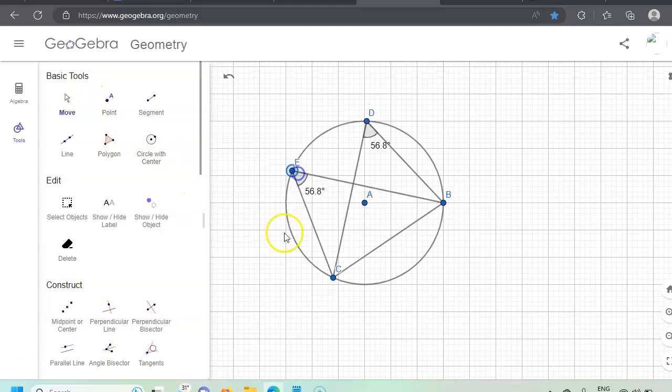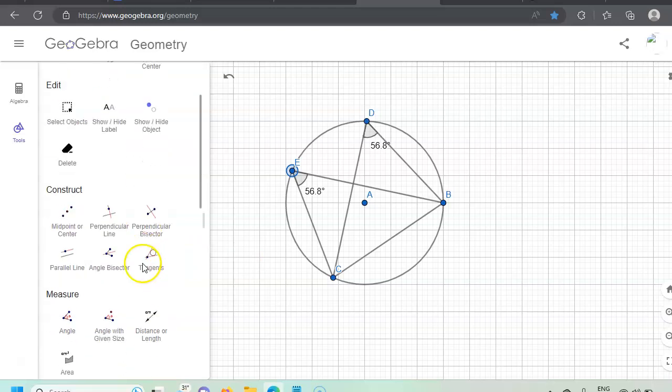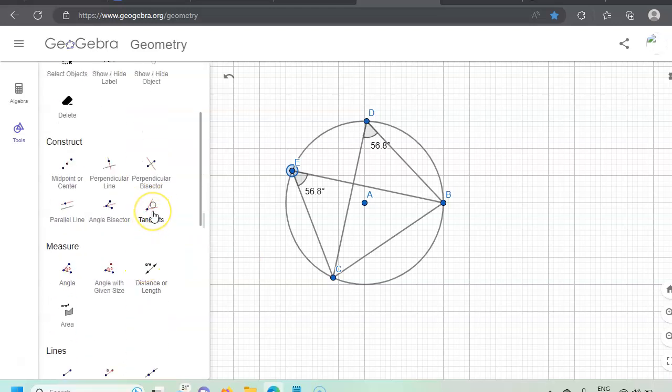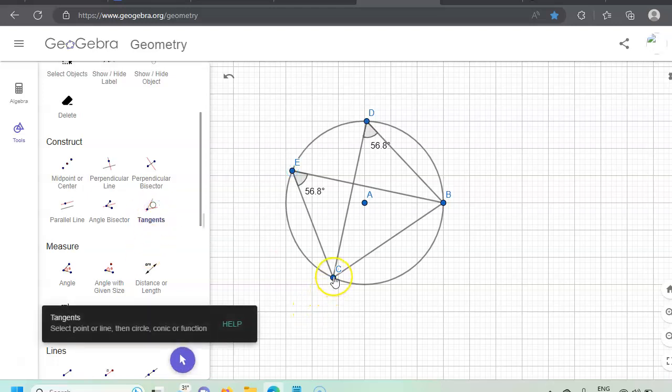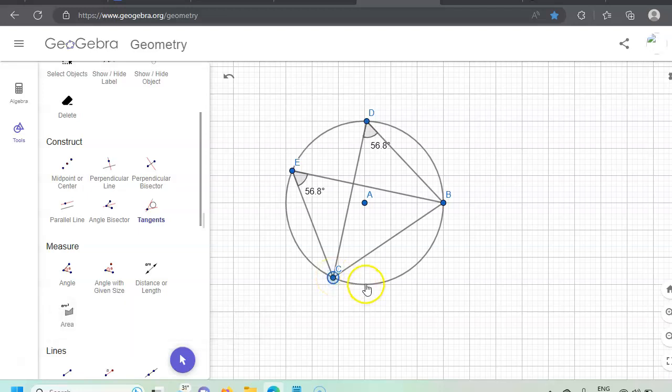Before I go to the point of the theorem, I need to create a tangent line. So to do so, click on the functionality tangent, click on a point of contact C, and then the circle. Voila! So we have a tangent line. That is an element for this theorem.